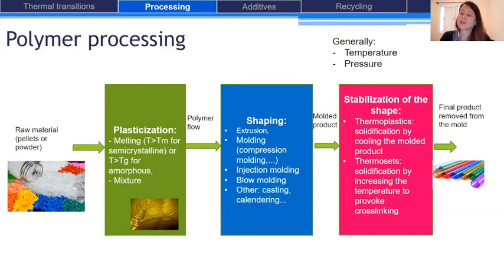Generally, cross-linking is produced by an increase of temperature, so we will select conditions that provoke this cross-linking reaction in thermosets. After the stabilization of the shape, we can obtain the final product and remove it from the mold.